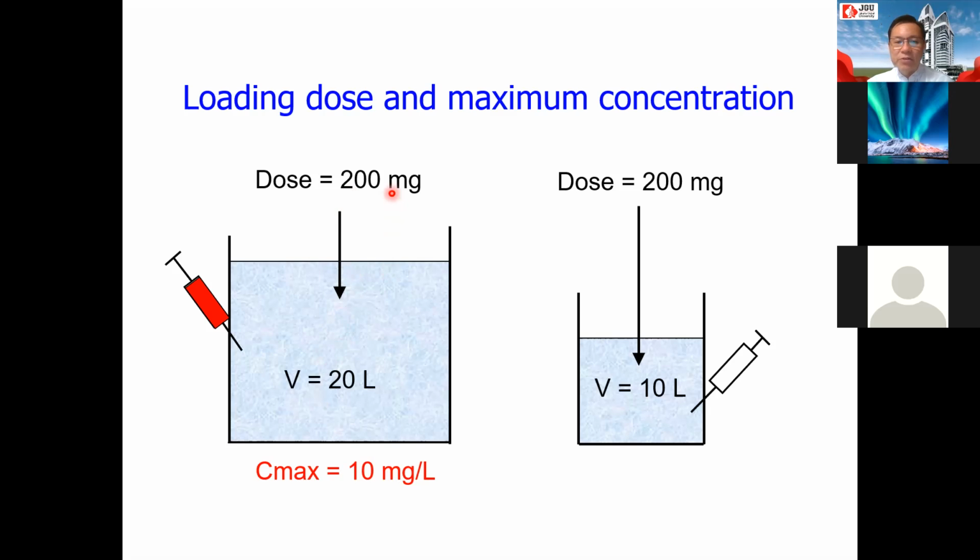The smaller the VD, the higher the concentration; the higher the VD, the smaller the concentration.